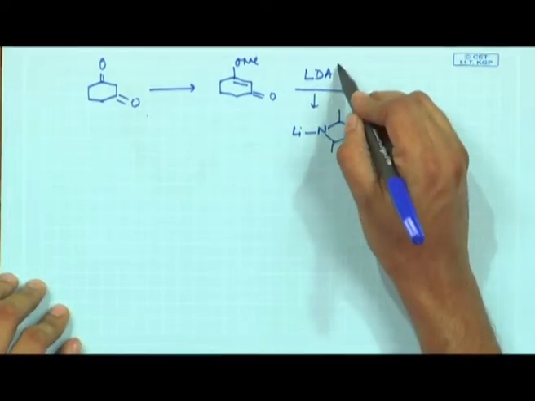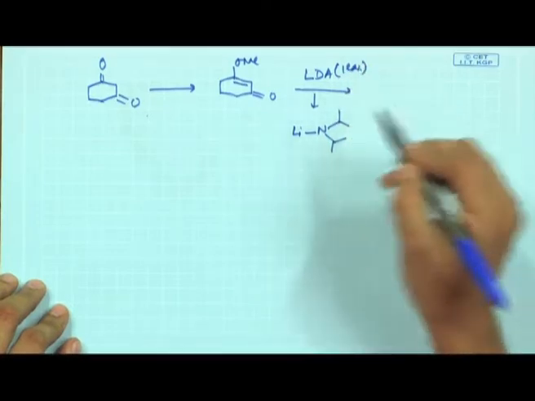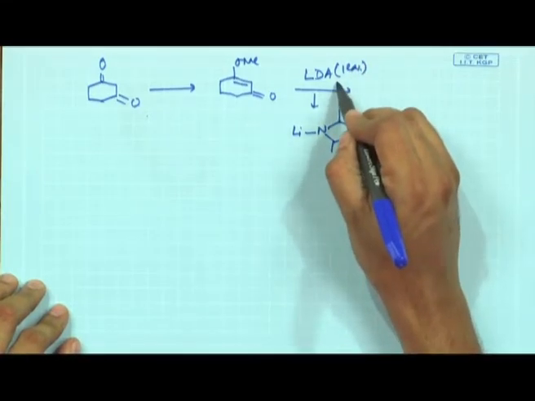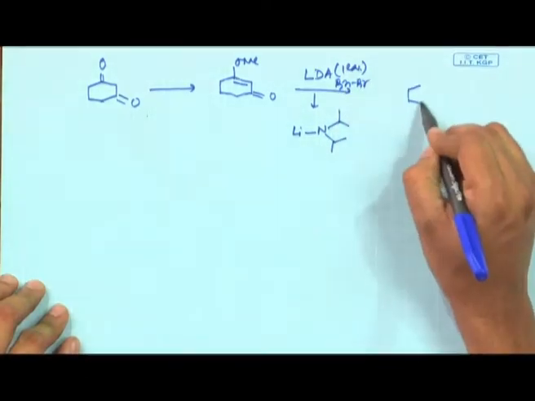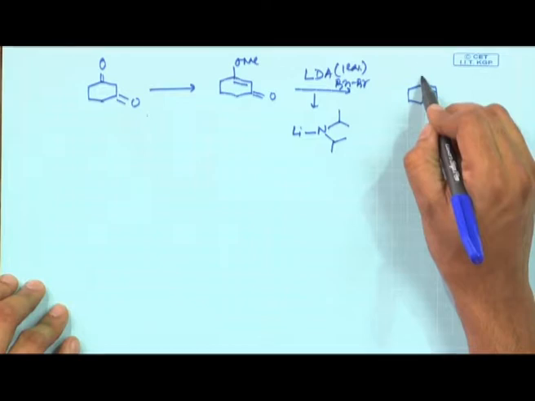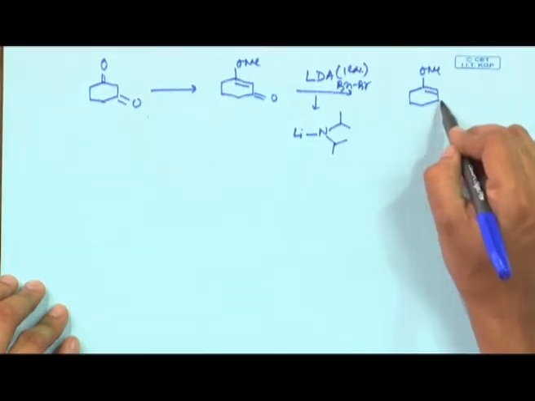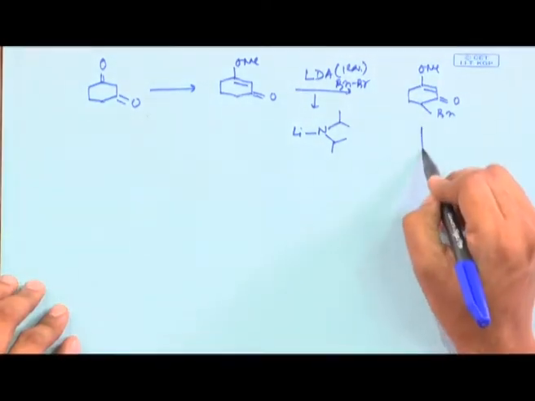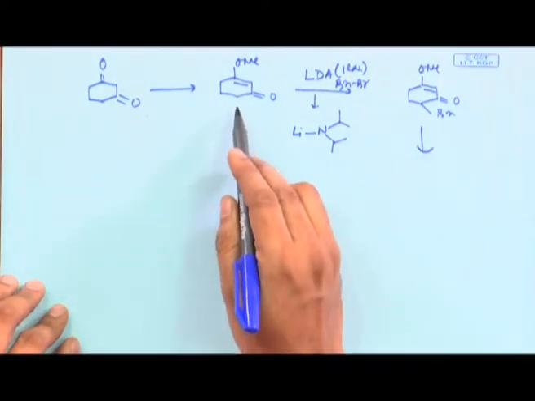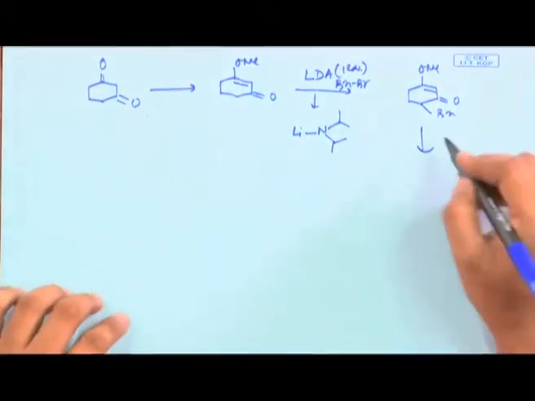So, now we are putting one equivalent of LDA, and the first electrophile we are putting is benzyl bromide. So, you will basically get this OMe, this ketone and this benzyl group. We will need to put another electrophile in the form of this methyl group.